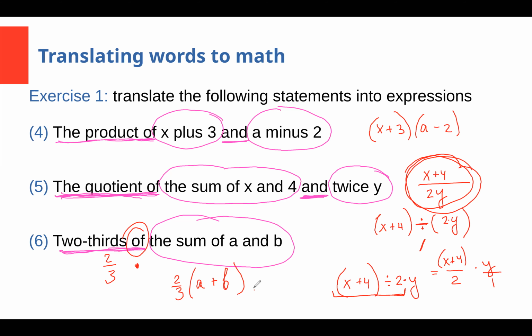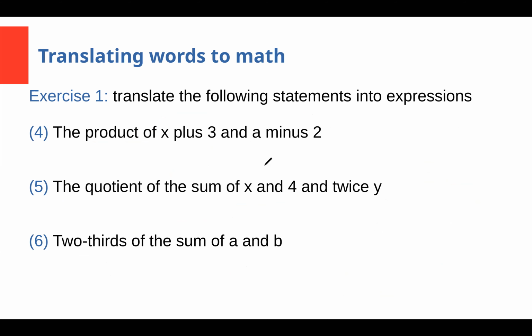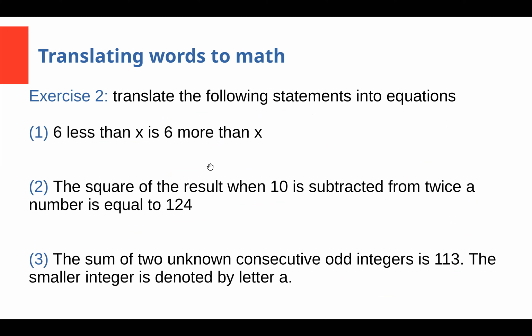Okay. Now, let's go to the next slide then. I'm cleaning everything up and let's go to the equations. So now we are having equations, so we will be expecting to see something equals to, right? So one thing is equal to the other one. Now the word equations, this equality symbol, we are catching by this word is, right? So where is it here?